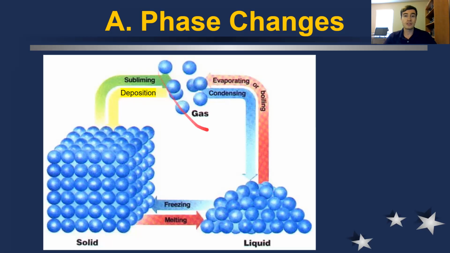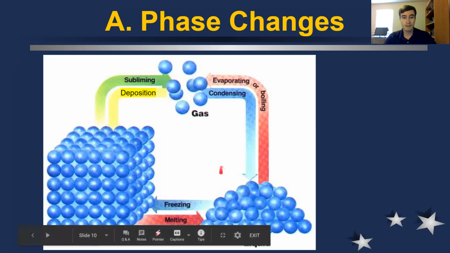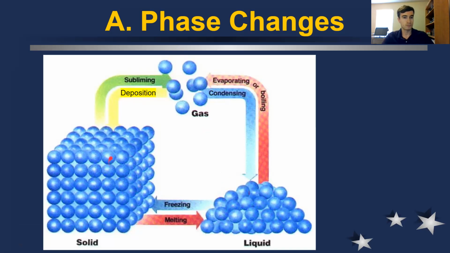We can then condense that gas, turn it into a liquid, and then freeze that liquid and turn it into a solid once more. So those are our phase changes and the terms for how we describe going from solid to liquid to gas to liquid to solid to gas.